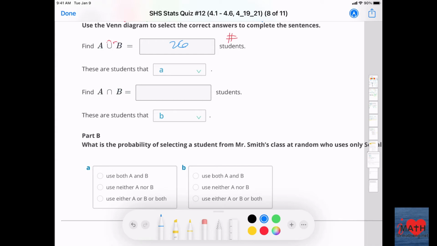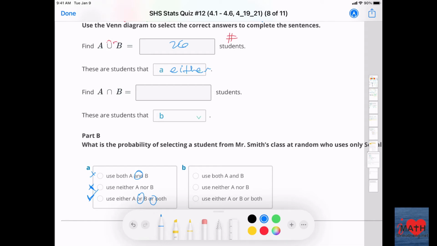Yeah, remember we want the either. This one does not have the word and, nor is it like a complement, sort of saying no, not A, not B. We want the keyword or. So that would be that choice. You can have the word either in there, but that's the selection.